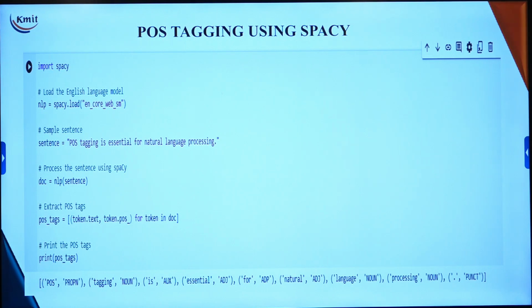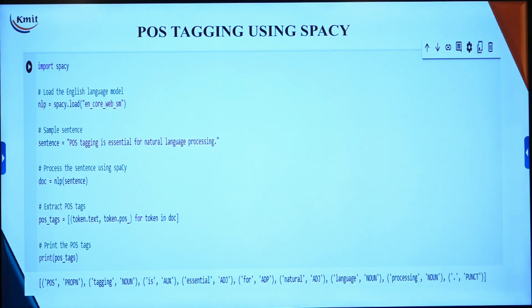For each token in the processed document, we extract the POS tags using the token.text and token.pos functions. After that, we store the word and the corresponding POS tag in a list of tuples, as you can see in the output.